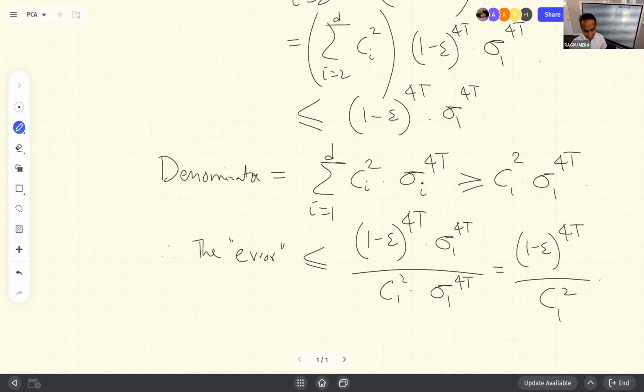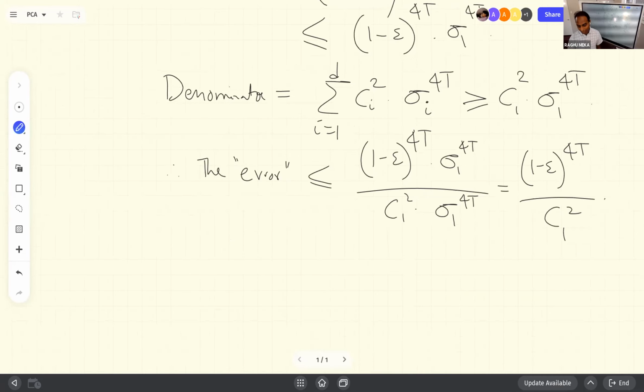We are basically done, right? We have the ratio: the error is at most (1 minus epsilon) to the 4t divided by c1 squared. But what is c1 in terms of the starting vector and v1?